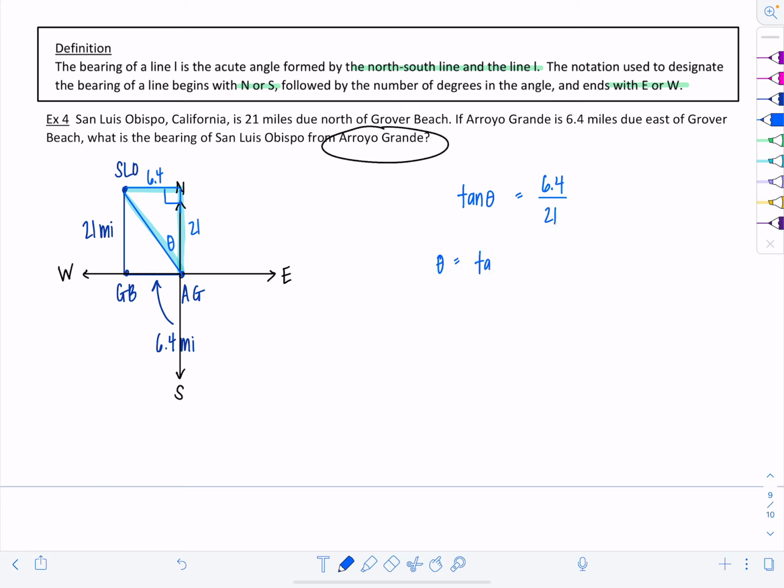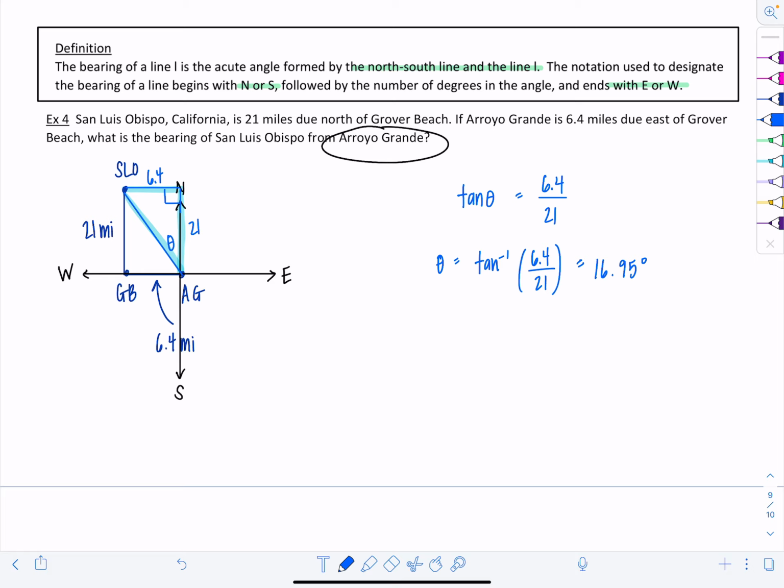That means theta is equal to tan inverse of 6.4 over 21. We're going to round this to 2 decimal places again in our calculator. So tan inverse of 6.4 divided by 21. And you should get, I have 16.949222423. So that rounds to 16.95 degrees.